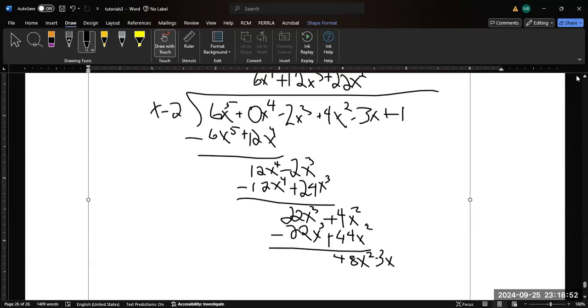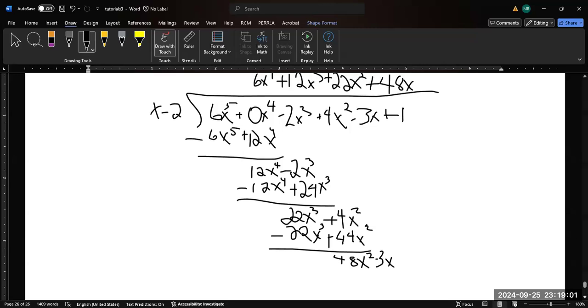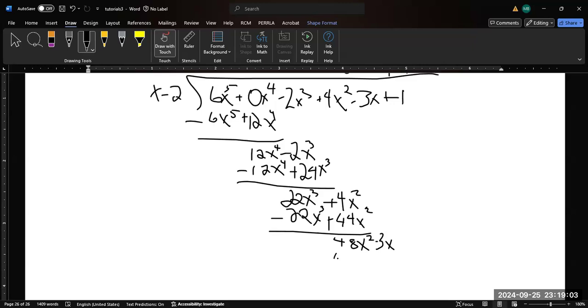So up here, I'm going to get plus 48x and multiplying by x, 48x squared. And 48 times negative 2 is negative 96x. You can probably tell for a while now that this is not going to divide evenly.